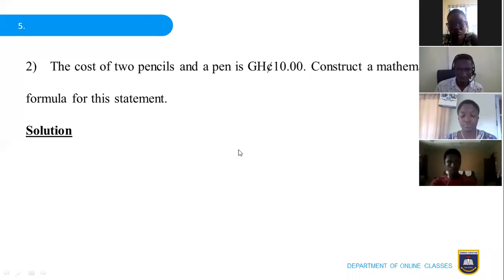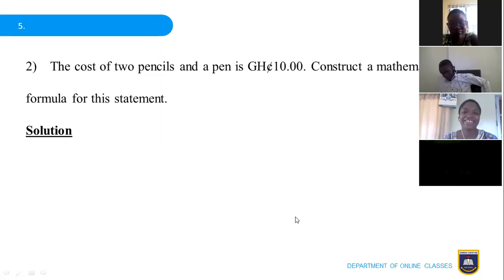Yes. Why is it not 1 Ghana cedi squared? All right, that's good. So it cannot be square.